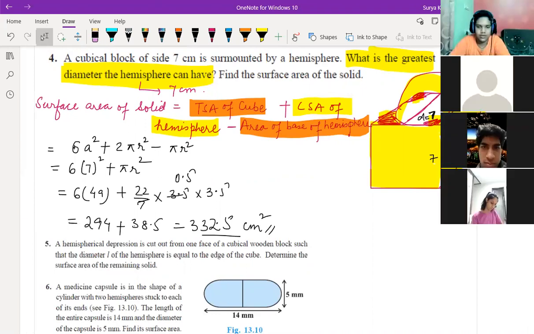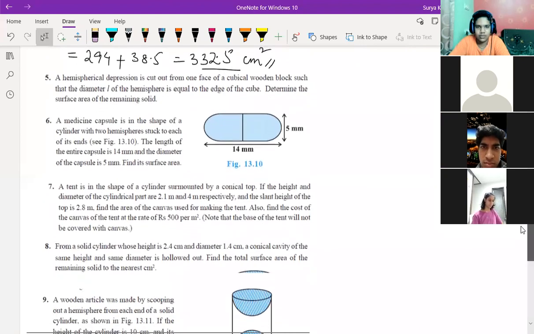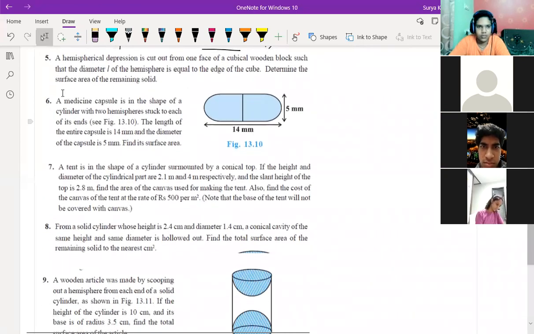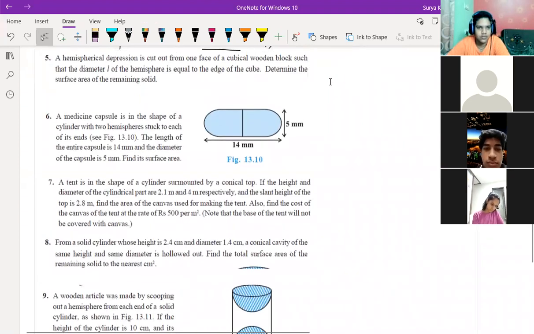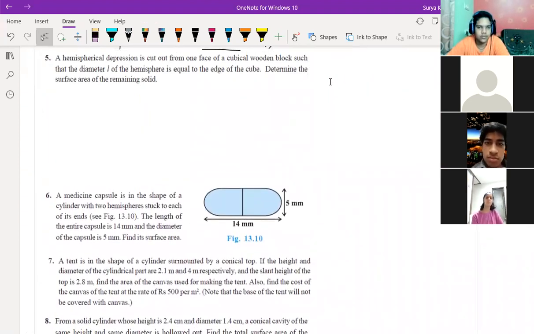All right. Now we are moving to question number 5. If you understand the concept, you can do any type of question, it may be NCERT or any book.